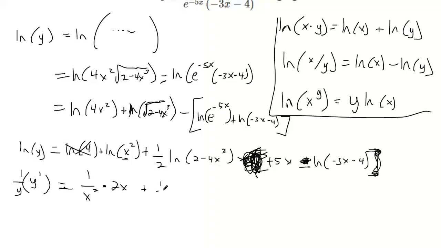And here we've got 1/2, and then it's times the derivative of natural log of 2 minus 4x to the third. So that's 1 over 2 minus 4x to the third. But then we need to multiply by the derivative of the innermost function. So the derivative of negative 4x to the third is negative 12x squared.